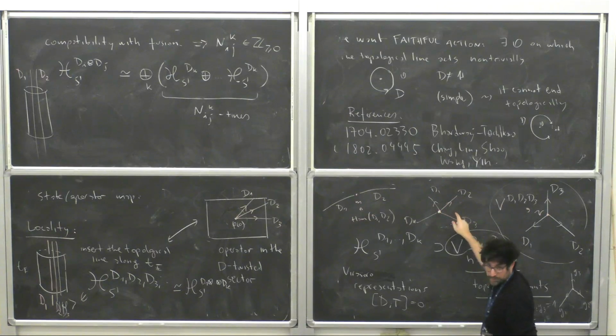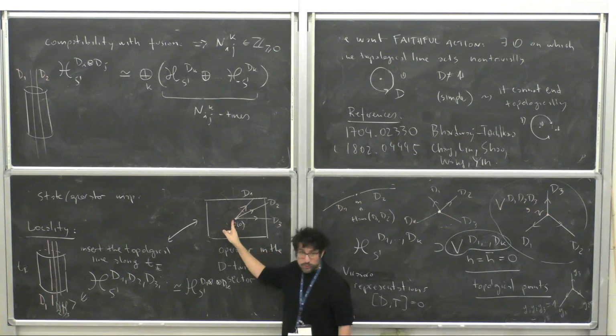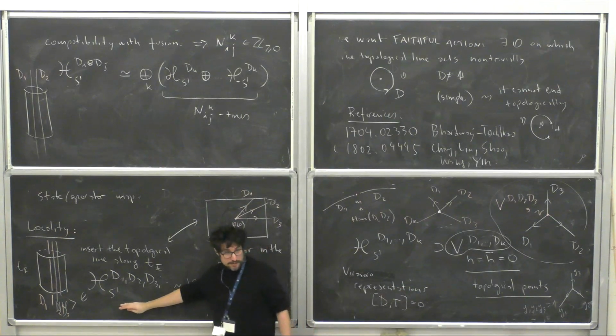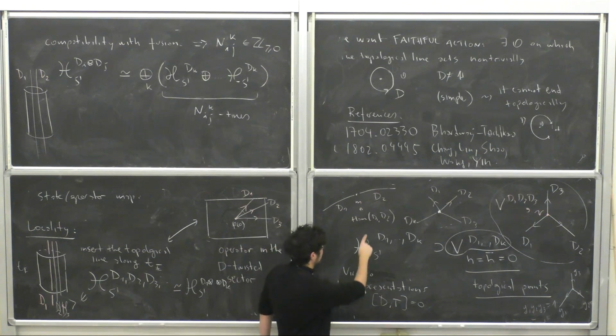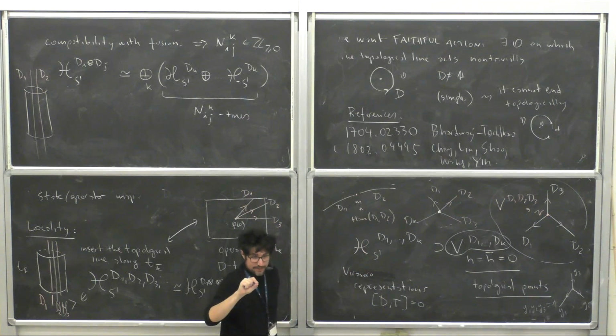So these defects can form junctions. When they form a junction, they typically end on a point. This point is an operator in the twisted sector Hilbert space by the operator-state correspondence. If we are after morphisms between the topological lines, we want an operator that is topological as well.